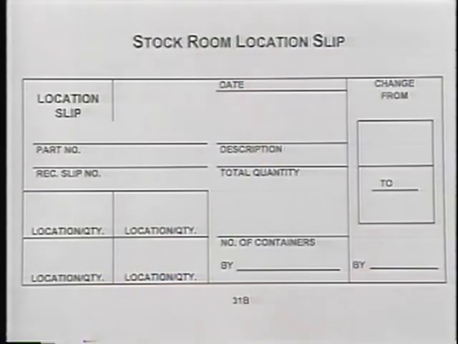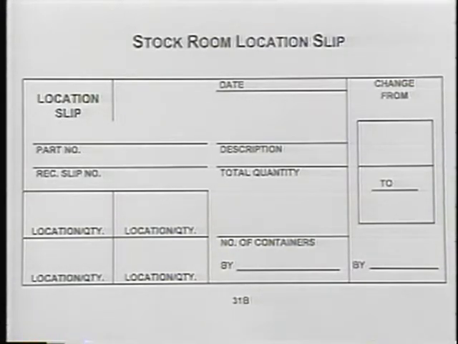Now, if you turn the page to the stockroom location slip, I want to address the 3 different storeroom systems that can utilize this particular form. The first application I addressed was a manual system.